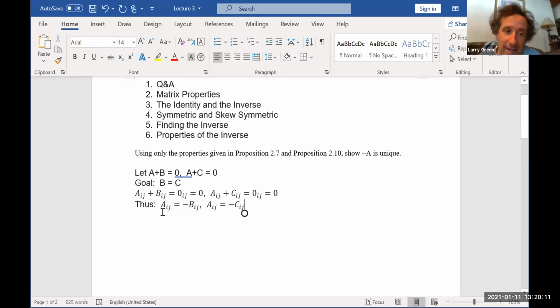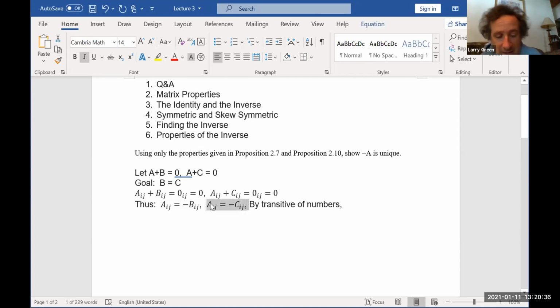If I have a number equal to a number, and that number equals a different number, then those two numbers must be the same, right? So by transitivity of numbers, that tells us that negative b sub ij equals negative c sub ij.